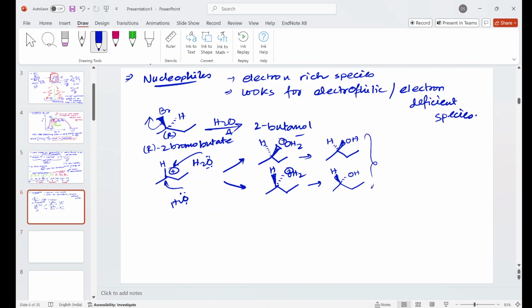The relation between them is enantiomers.